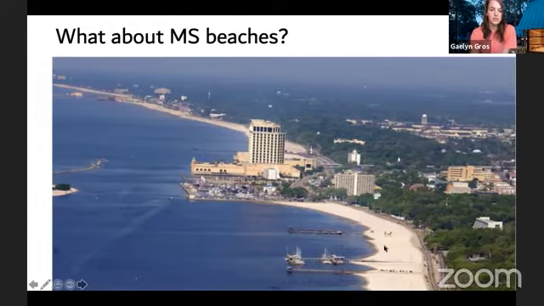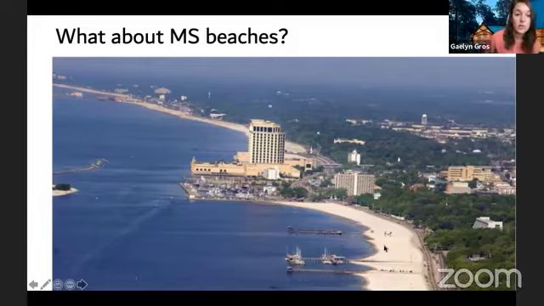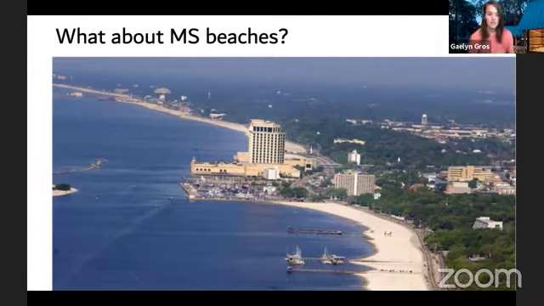Naturally formed beaches are usually going to have way more sand, and it's going to take longer to get down to the water. There's also going to be a little bit more variation in elevation. So our beaches are kind of more flat here, and that is because they are man-made.